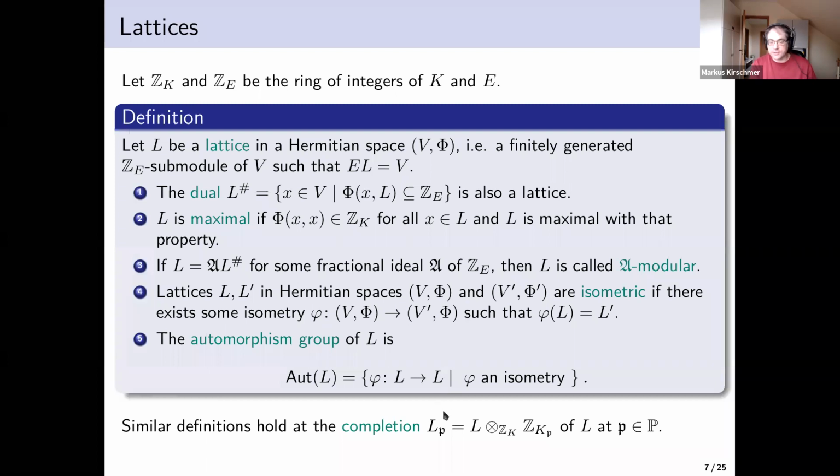And now again, just as before, for any finite place P of K, you can extend the lattice L by scalars. So you tensor it with the ring of integers of the completion at P, and you get the completion of L at P. And whatever I've defined here will work for L_P as well. So you can also define a dual at the completion. You can say locally maximal. You get a notion of modularity, isometries, etc. So this carries over.